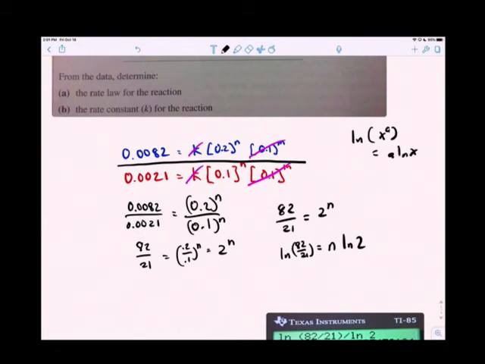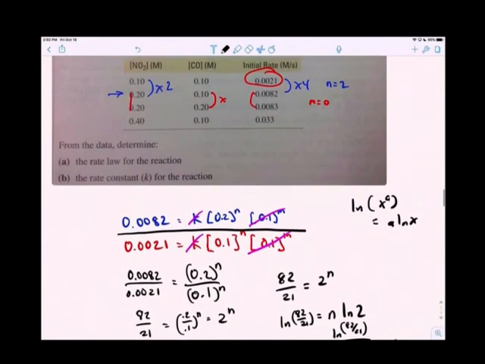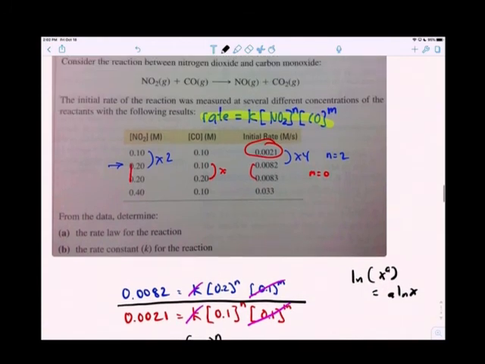So this is just a math definition. This means then our n is equal to the natural log of 82 over 21 all over the natural log of 2, and that is equal to 2. So that's the way you do it, doing the long way mathematically.